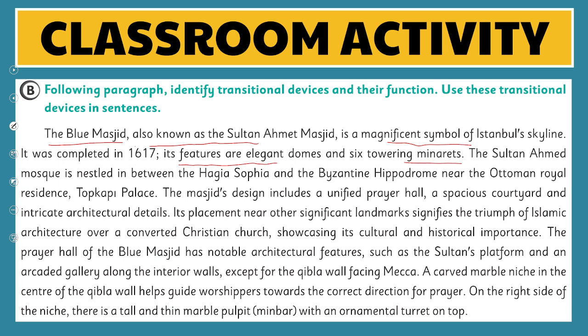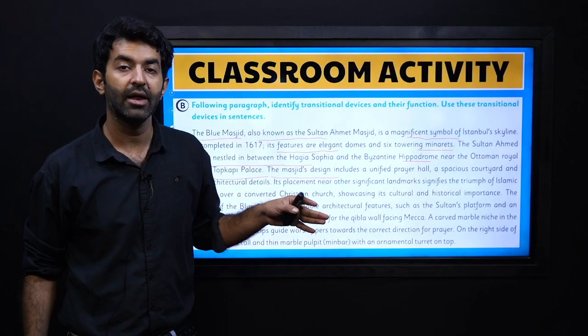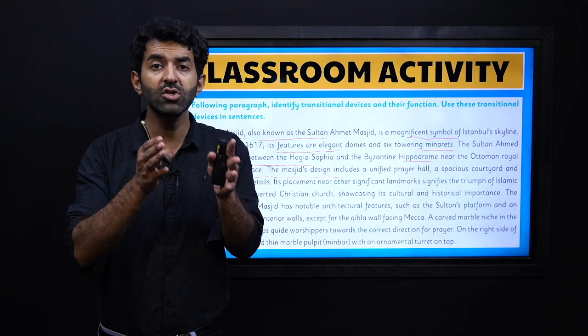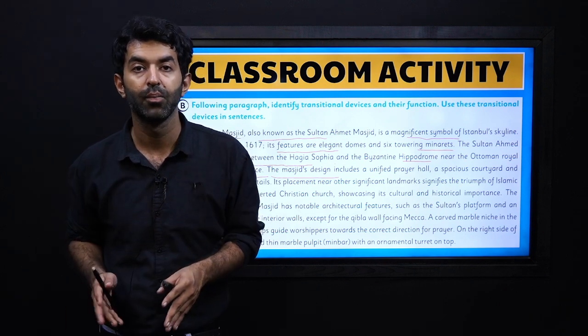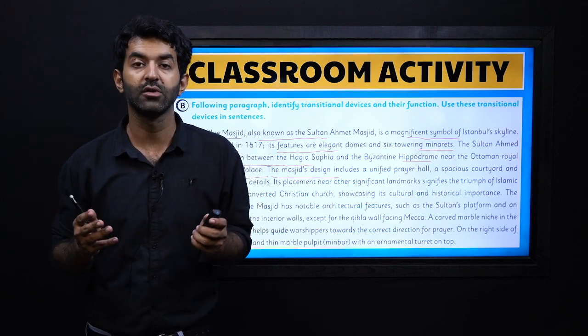The Sultan Ahmed Mosque is nestled in between the Hagia Sophia and the Byzantine Hippodrome near the Ottoman royal residence, Topkapi Palace. So by reading the whole passage, identify the words that are transitioning you and taking you smoothly from one idea to another idea. This is what you're supposed to do by pausing the video.